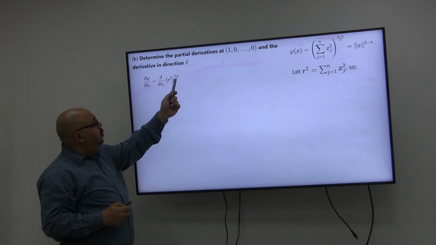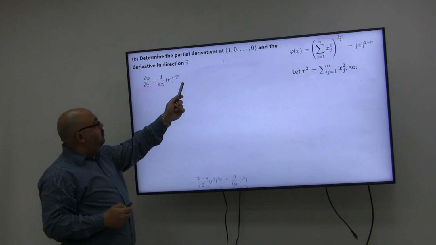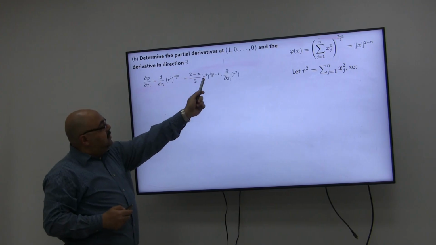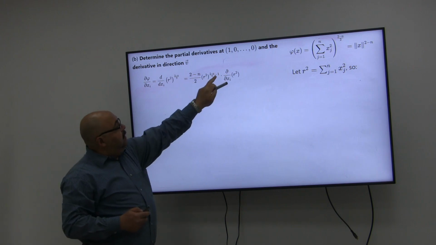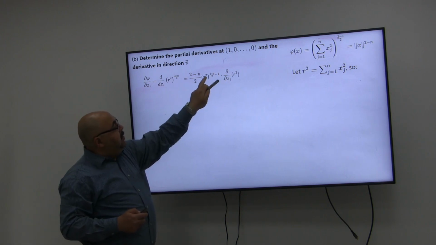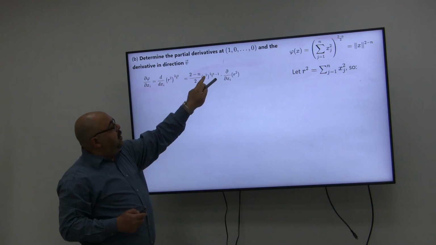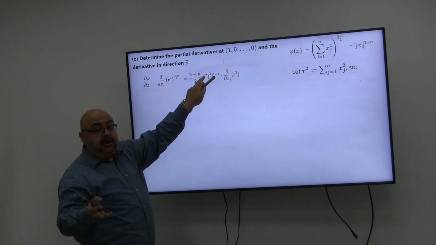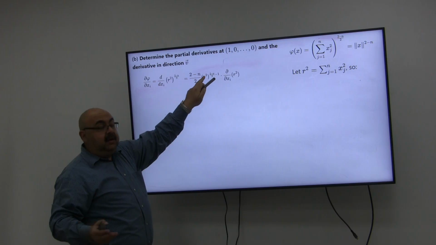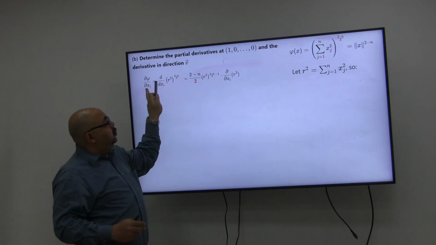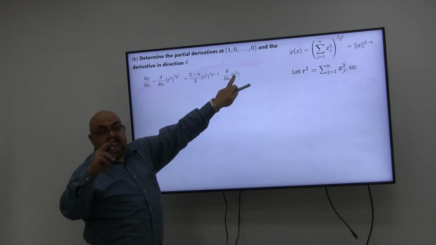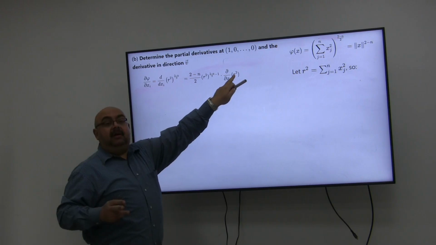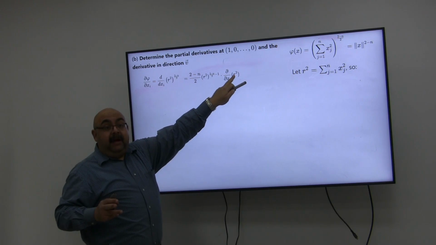If I want to differentiate, the power will come down as a factor, and I will take 1 from the power, then differentiate r squared, which is a function of x1, x2, up to xn. If I'm differentiating with respect to xi, the only part that will matter in r squared is the part containing xi. Do you see that?